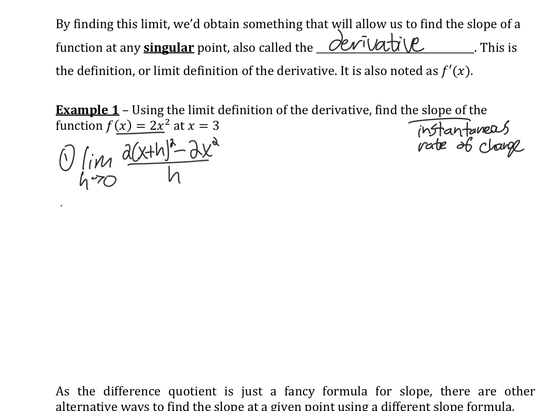So we have to find a way to simplify it. Let's see what we can do. Any thoughts? Well, we have x plus h squared, so what if we try to FOIL that? Maybe some things will cancel out, and we'll go from there.